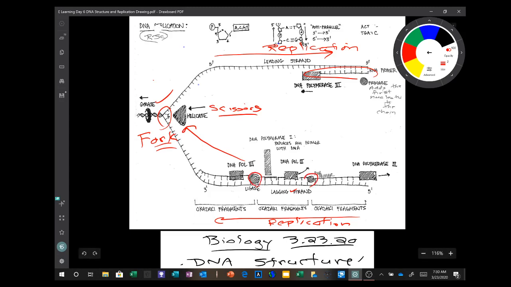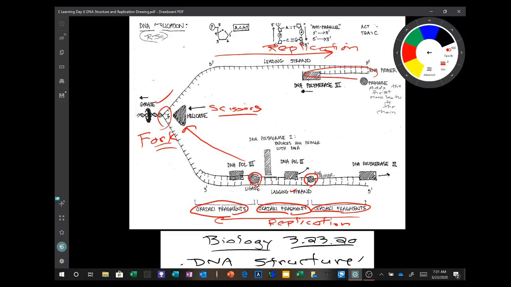There are actually gaps in the new strand of DNA that's made. So it's not continuous, it's actually discrete. These fragments of DNA are actually called Okazaki fragments. So this is fragmented DNA on the lagging strand.